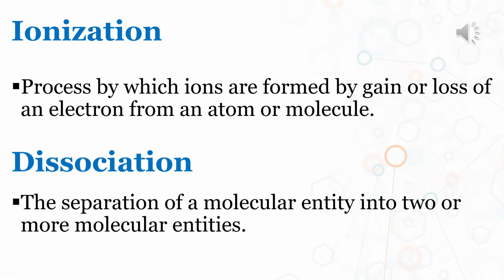While dissociation is the separation of a compound into smaller particles. If ionization is forming the ions, dissociation is breaking the ions. For example, with the same sample, let's have the table salt undergo the process of dissociation.